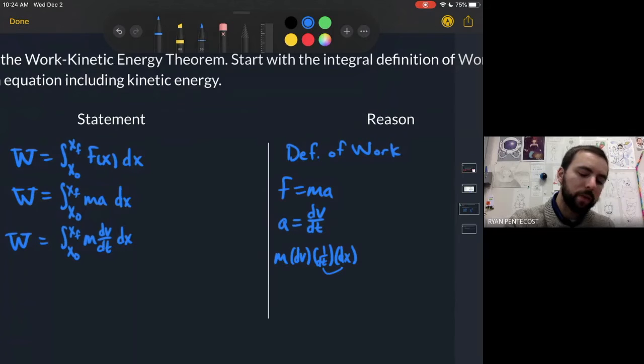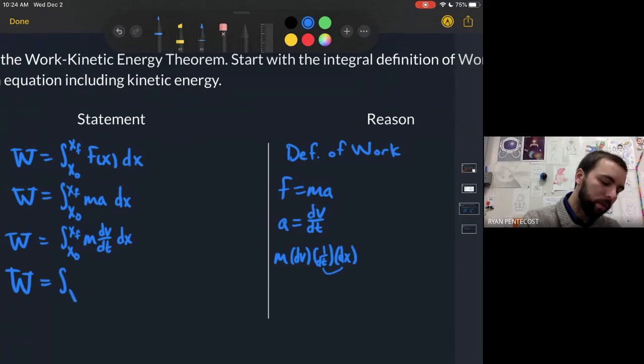If the dx is multiplied by that, that also has meaning. So let's give that a shot. We have the integral from x naught to x final of m dx over dt times dv.